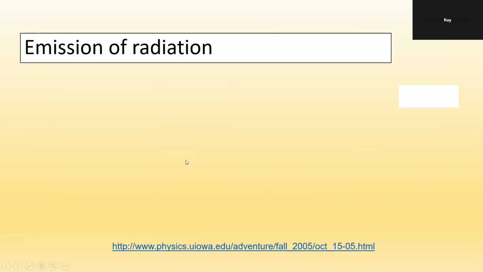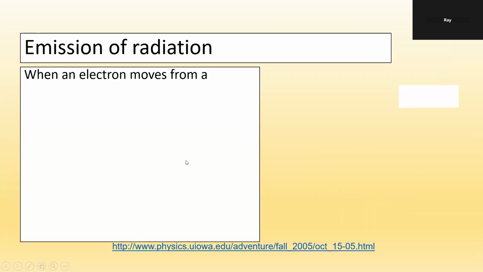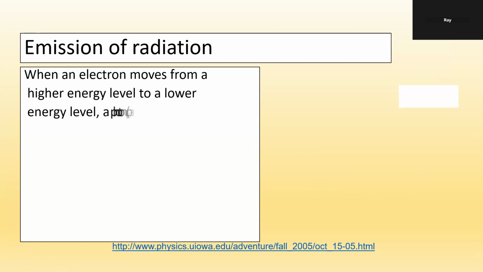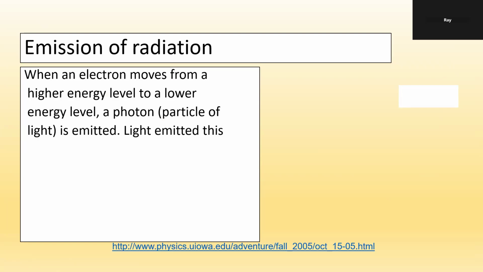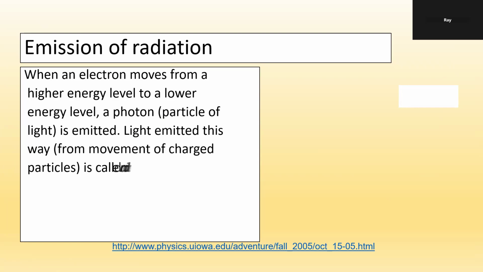When an electron moves from a higher energy level to a lower energy level, a photon, a particle of light, is emitted. Light emitted this way from the movement of charged particles is called radiation. In this case, it's the electron moving from higher energy to lower energy, so it emits radiation. Right?